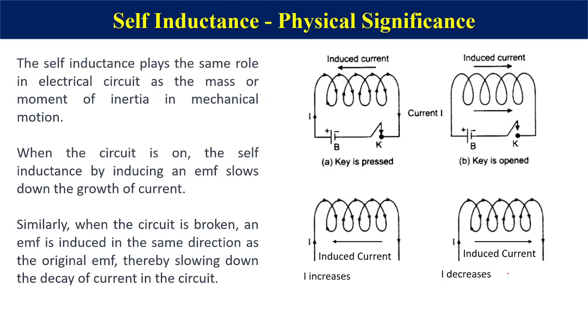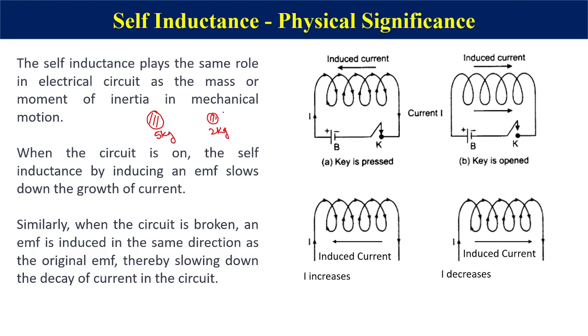Well, now there is a physical significance of this also. What is the physical significance? It is very important. The self-induction or self-inductance plays the same role as the mass or the inertia, basically the moment of inertia, in mechanical motion. Now, in mechanical motion, suppose there is an object of 5 kilograms, and another body of 2 kilograms.